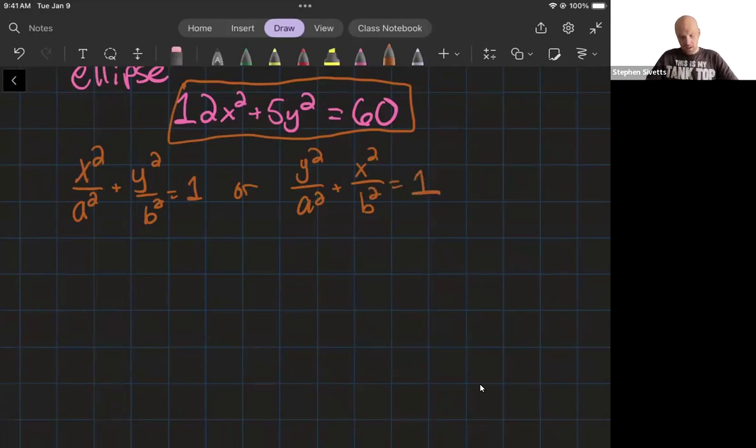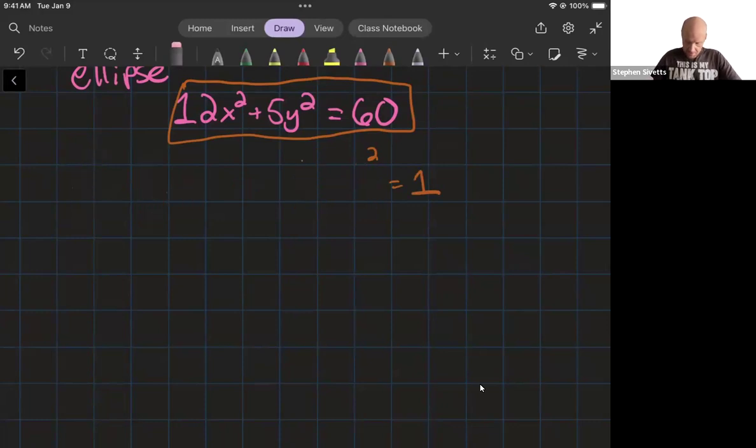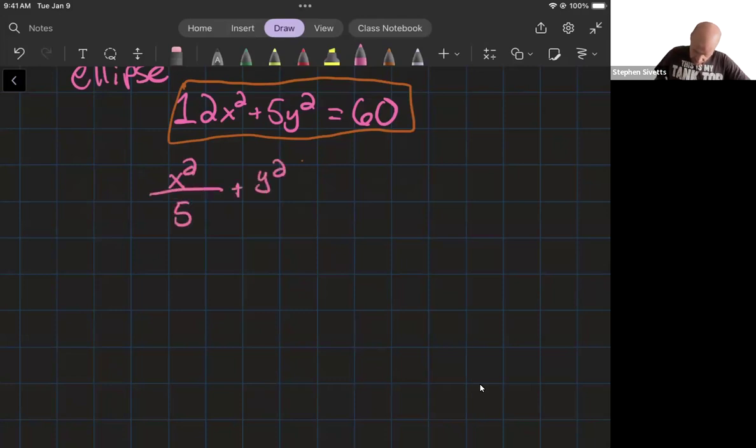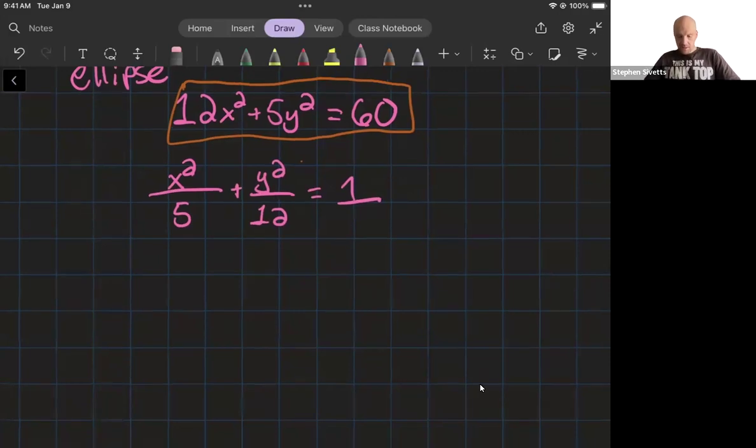We need to express it in either one of these forms. So if I divide both sides by 60, I'll have x squared over 5 plus y squared over 12 equals 1, right? Our whole point is to get the right-hand side to equal 1. That's the important thing.